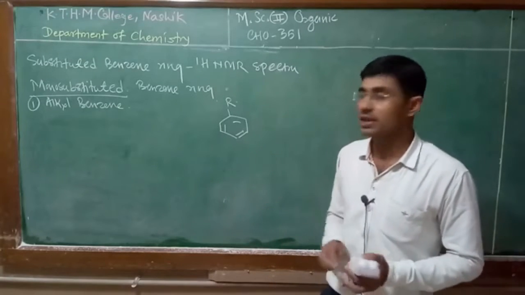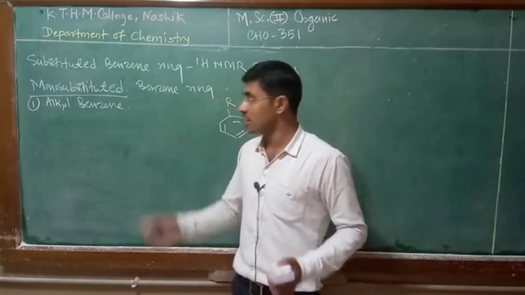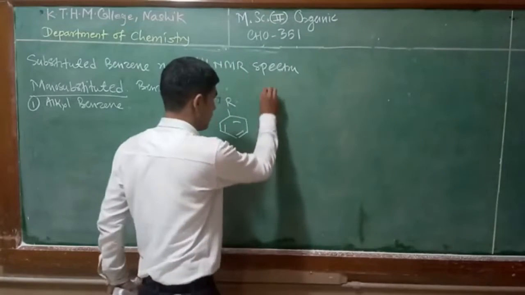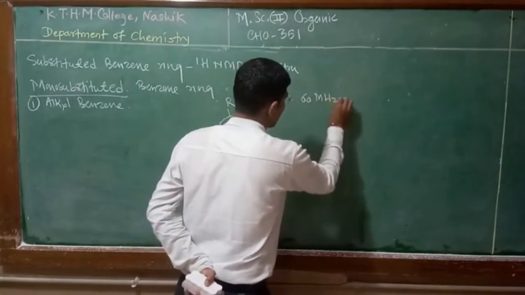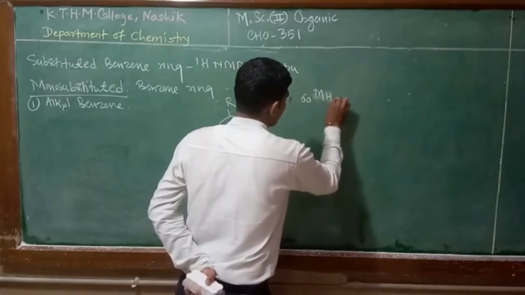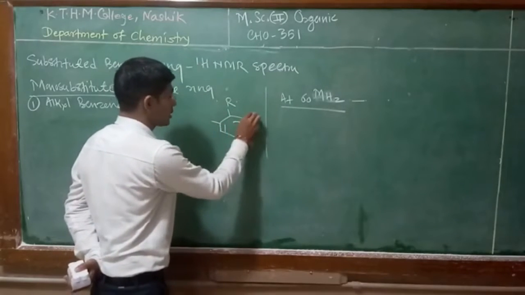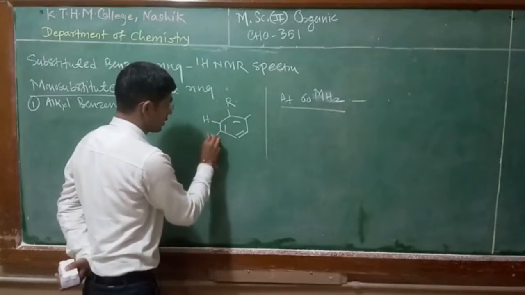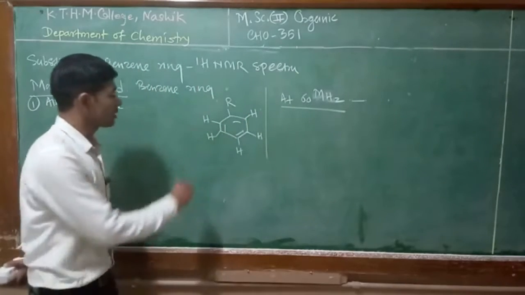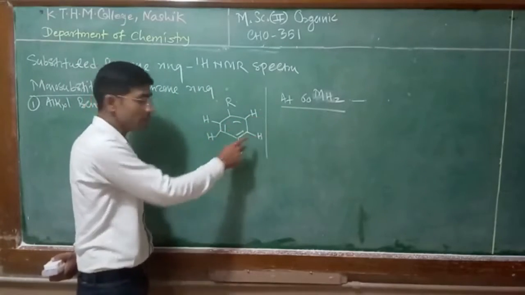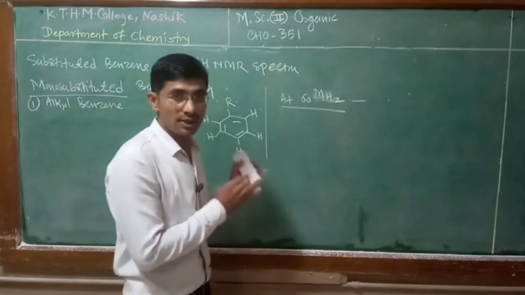Because of this, remember the alkyl benzene spectra at 60 MHz, at low field: all the aromatic protons, that is the ortho protons, meta protons and para protons, appear at the same chemical shift value.